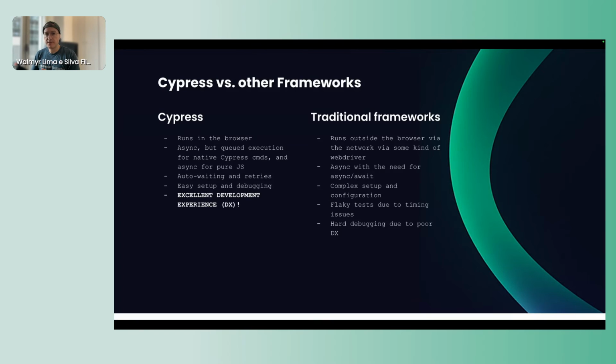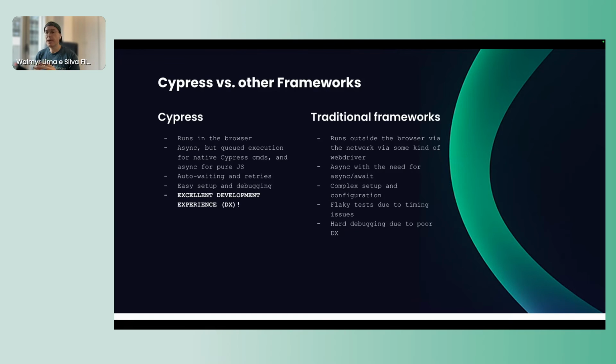Another very important difference of Cypress in comparison to other frameworks is that Cypress has auto-waiting and retriability mechanisms, which means that you don't need to explicitly tell Cypress to wait for the application to be in a specific state before you can interact with an element, fill a form, click a button or a link or whatever.